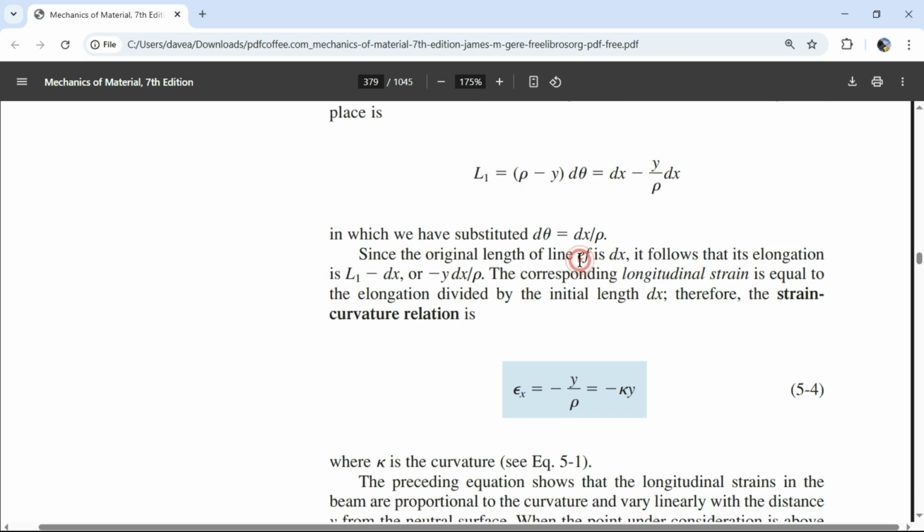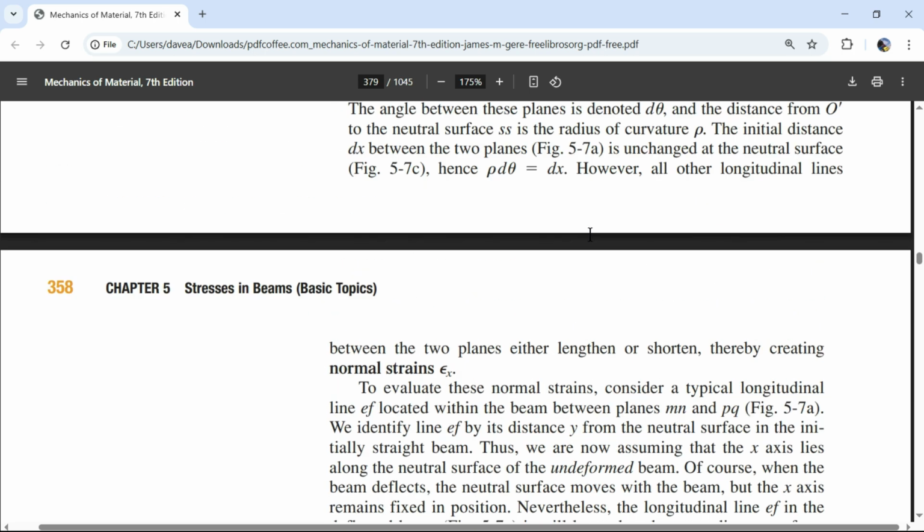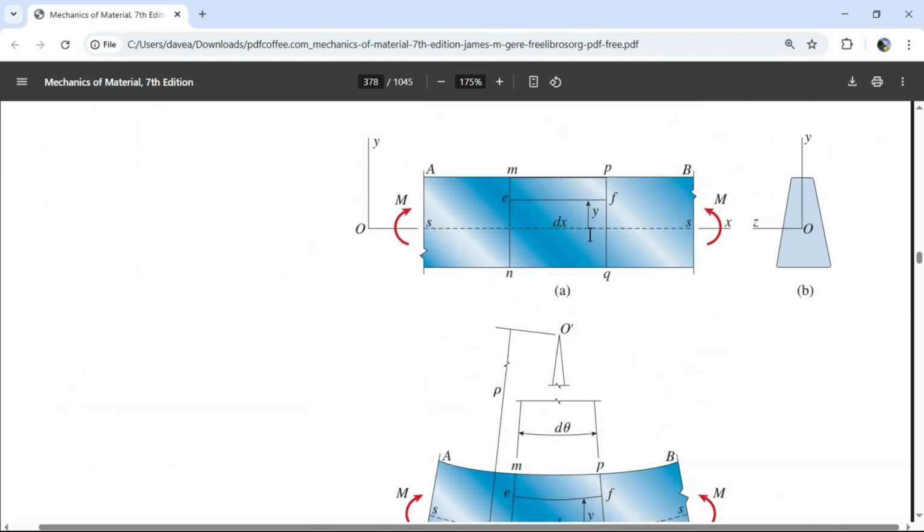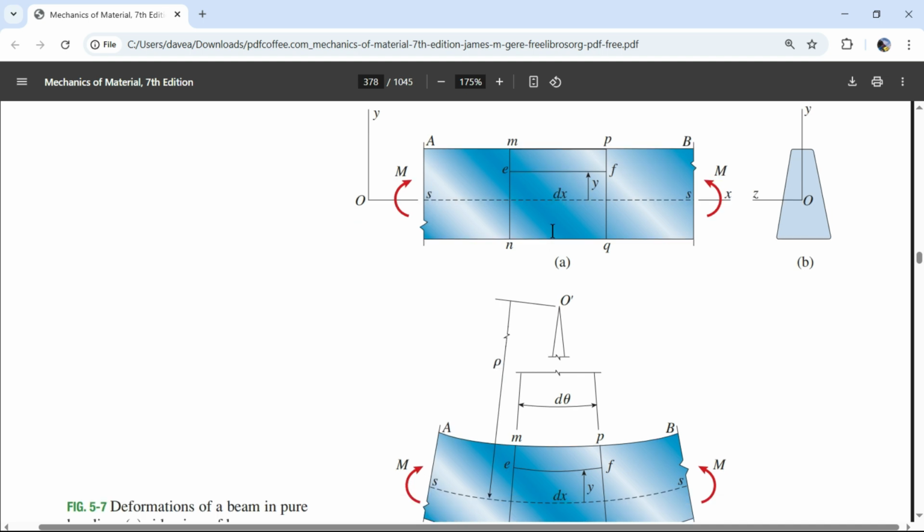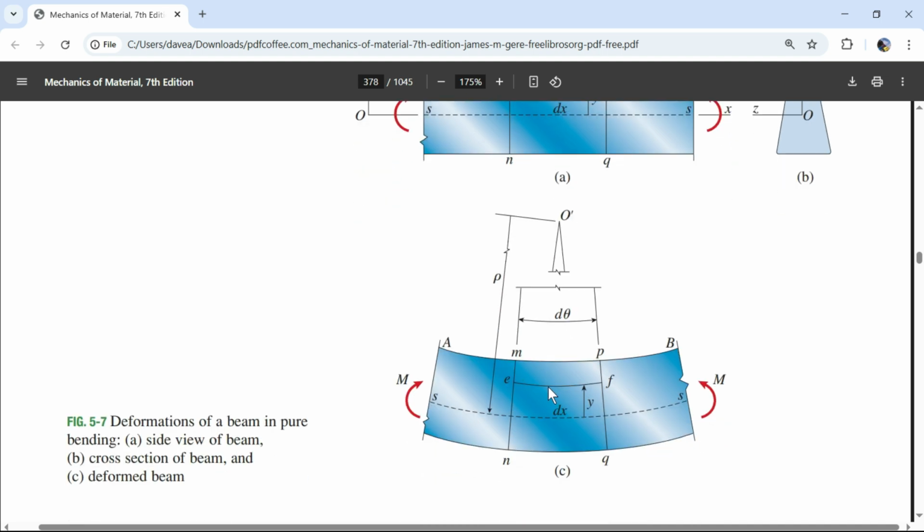But yeah, still, this isn't an approximation. So it's very fascinating. We say that we have this distance dx before we deform it. And then when we do deform it, there's still a curved line that's going to be a distance dx.